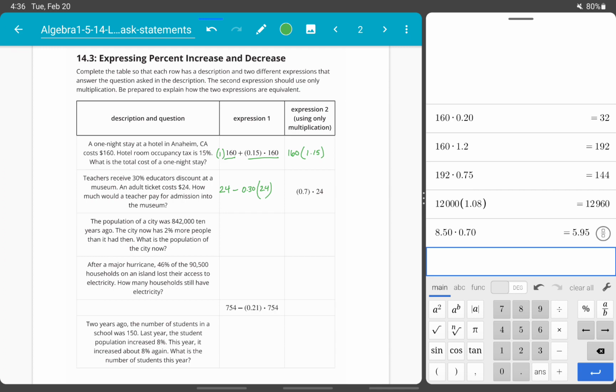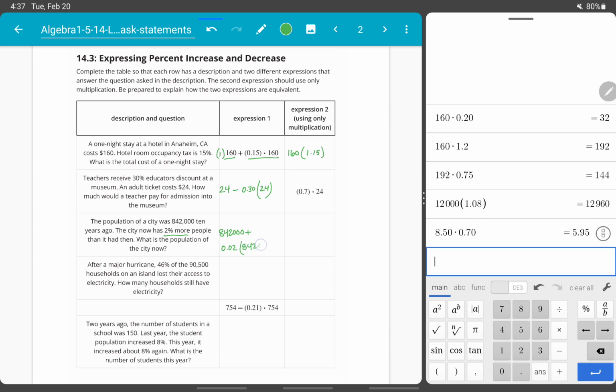Our third description says, the population of a city was 842,000 10 years ago. The city now has 2% more people than it had then. What is the population of the city now? So we can start out with our original population, 842,000, and it has 2% more, so we're going to add on to that 0.02 for 2% of our original population.